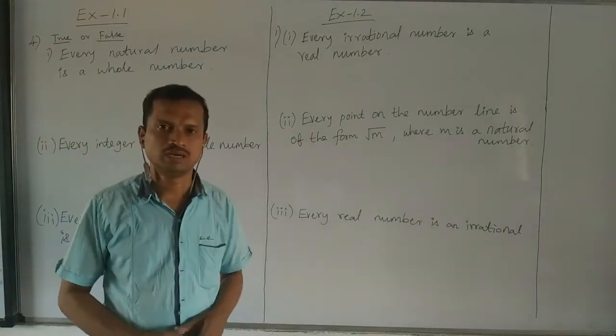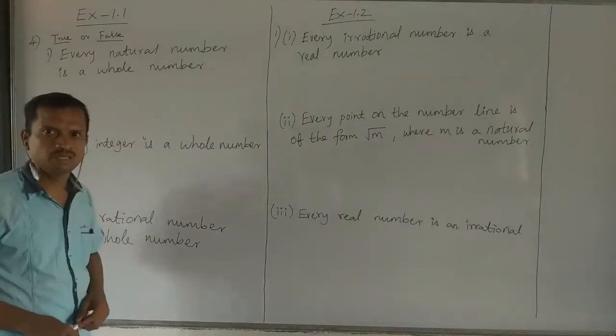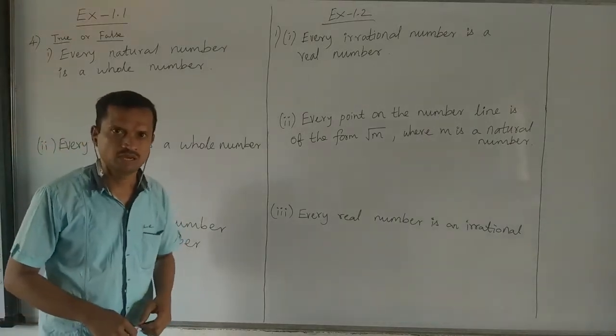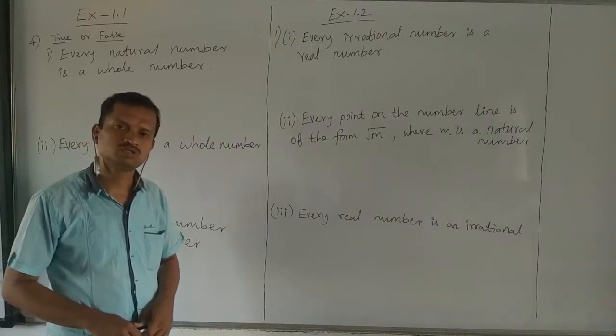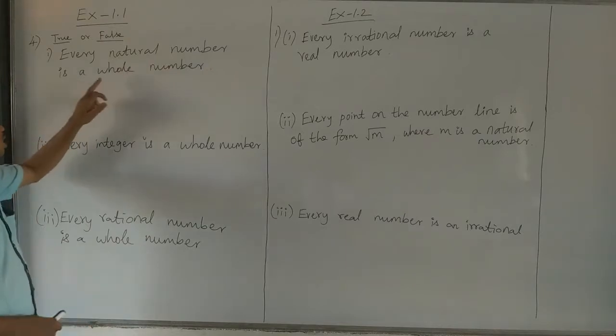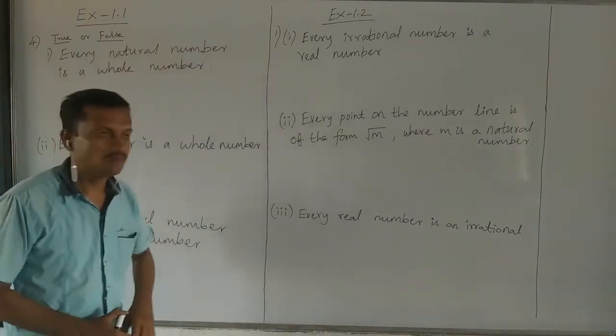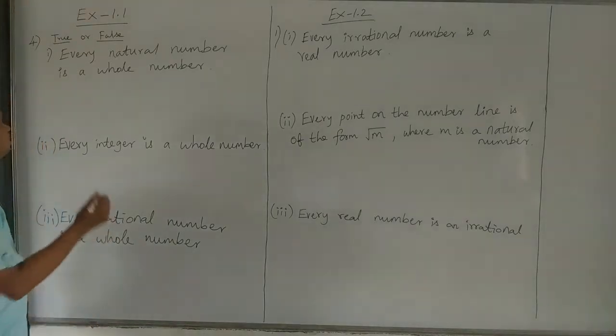Okay students, now listen. Exercise 1.1, the fourth sum: true or false. The statements will be given and you have to say whether the given statement is true or false. Every natural number is a whole number. Do you know what a natural number is?